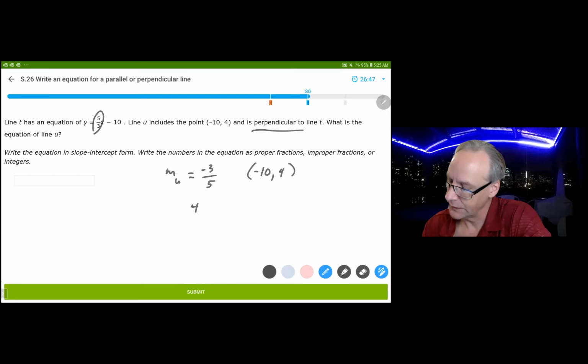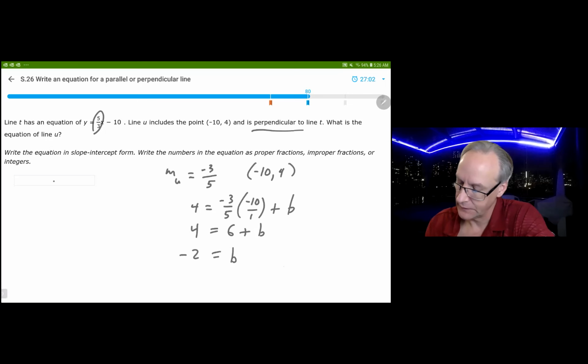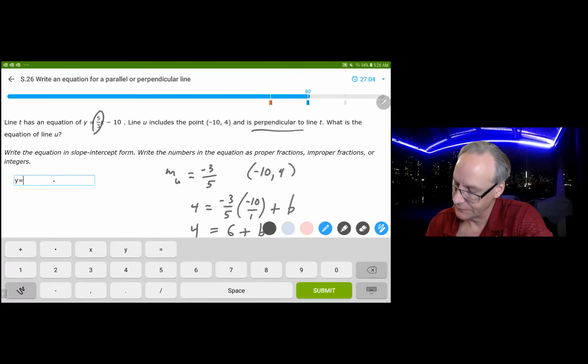So we have 4 equals -3/5 times -10/1 plus b, and this is going to simplify to 6. So b is equal to -2. So we have y equals -3/5x minus 2. Oh, space.